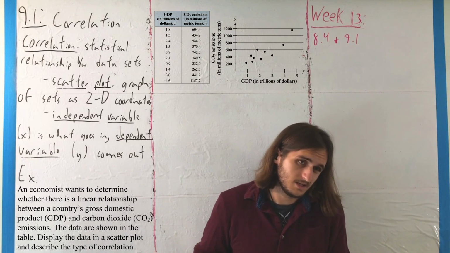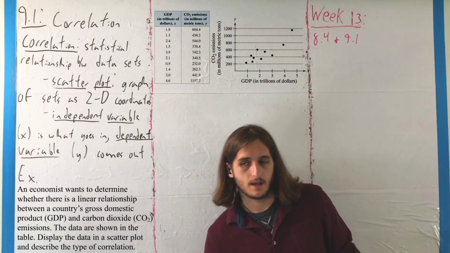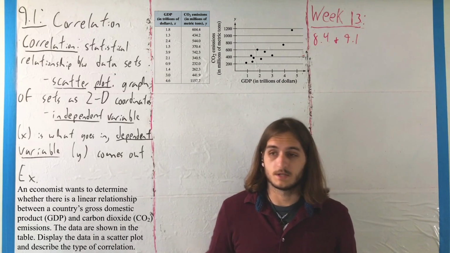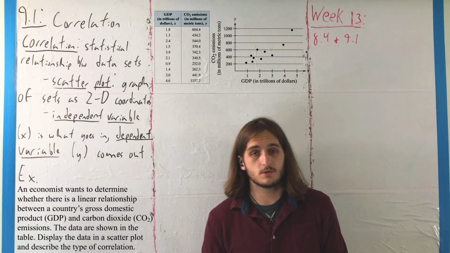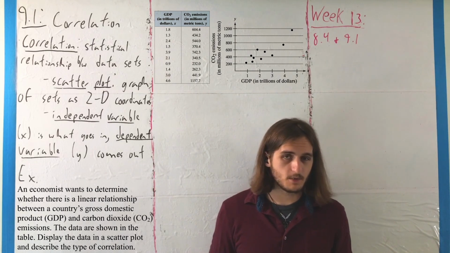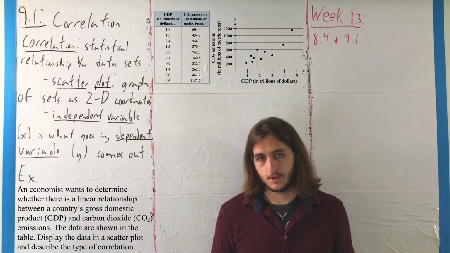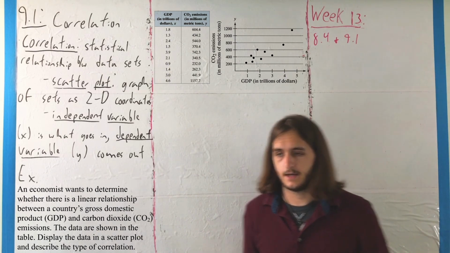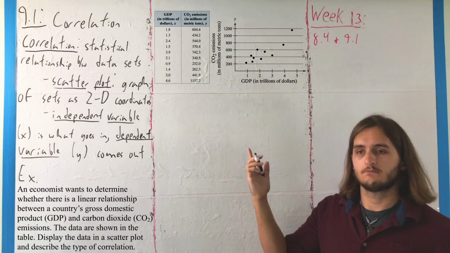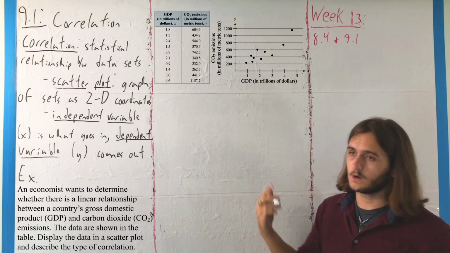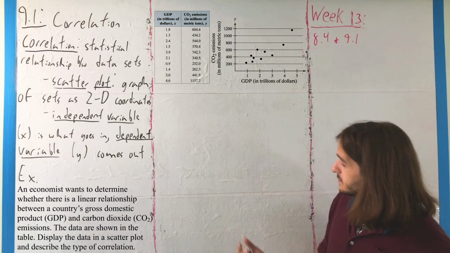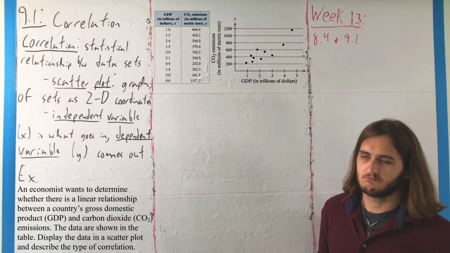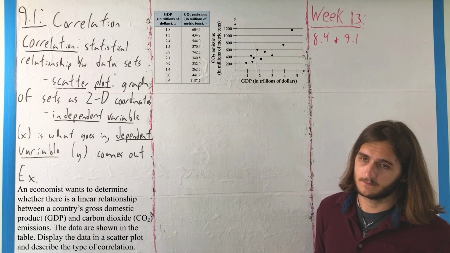But thinking about it, it does make sense with the way a lot of our economic decisions are influenced by fossil fuels and how many fossil fuels developed nations use. It doesn't seem unreasonable that the wealthier nations would use more CO2. So that connection is illustrated somewhat by our scatter plot, and we'll see it in more detail as we go further, and it makes some logical sense to begin with.